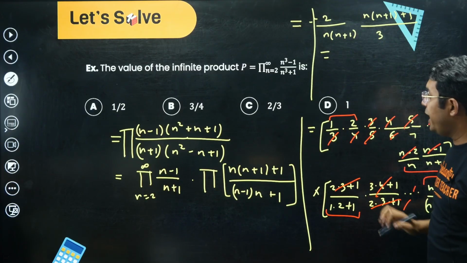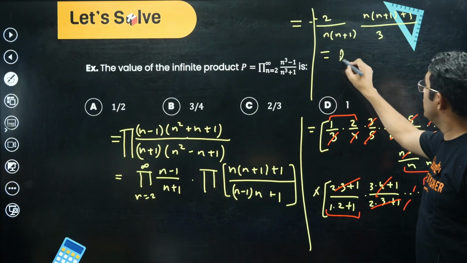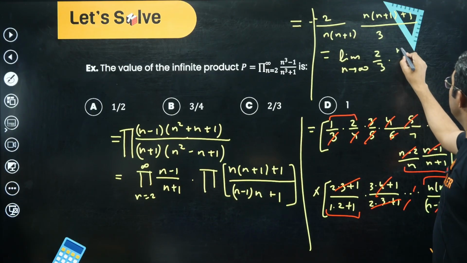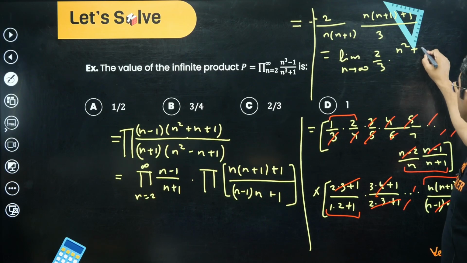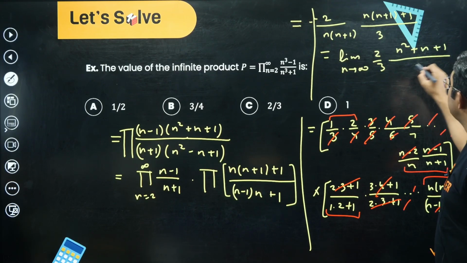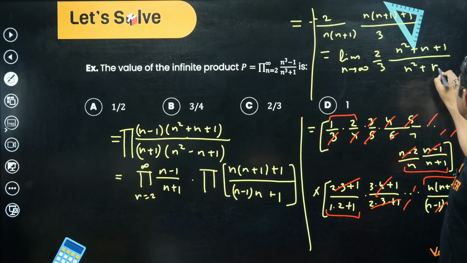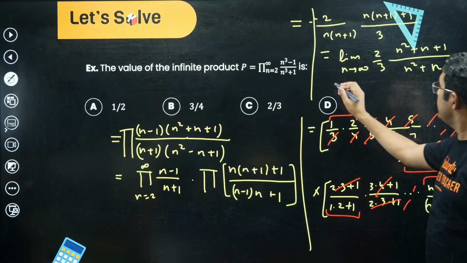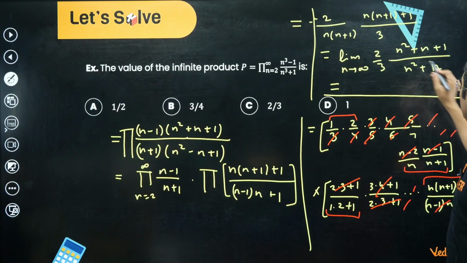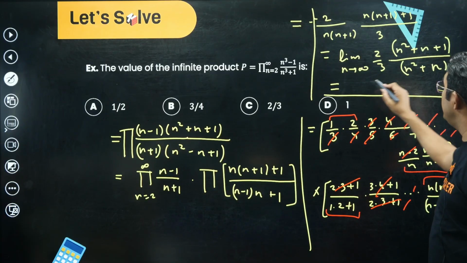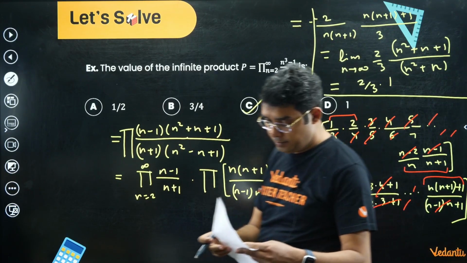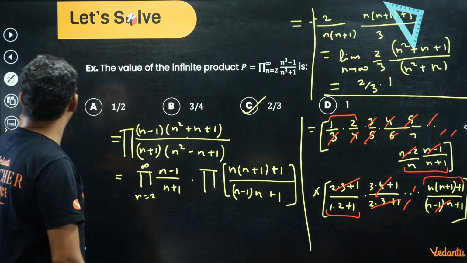Okay, so because n is tending to infinity, because your limit n tending to infinity, in that case I think we know it is quadratic upon quadratic, only the leading term matters. Although you could have written 1 plus 1 upon quadratic also, that is fine, but we should know this thing also, that if it is quadratic upon quadratic, then for n tending to infinity only the leading term will matter. So 2 upon 3 into 1. So the answer for this will be 2 upon 3. Yeah, 2 upon 3 is the answer of this question.